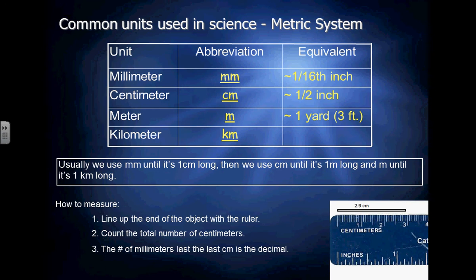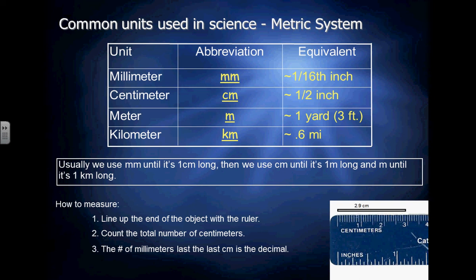So is a mile more or less than a kilometer? More. Right? Like the full Boilermaker race is 15 kilometers, 9.3 miles. So a kilometer is smaller, it's about 0.6 miles.